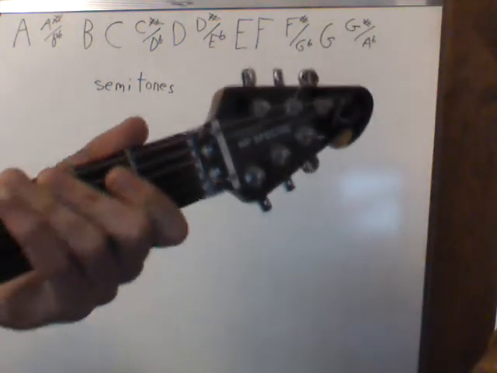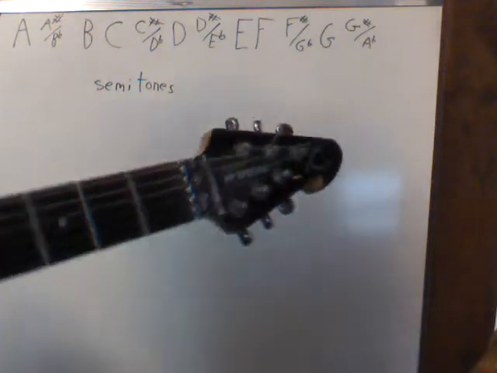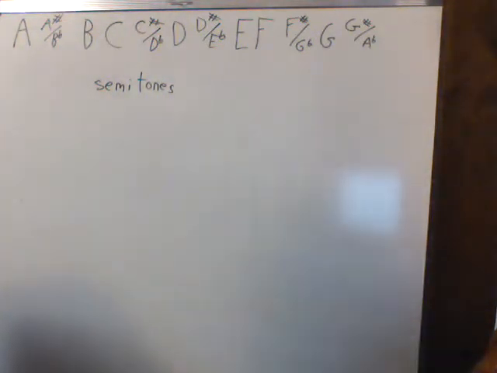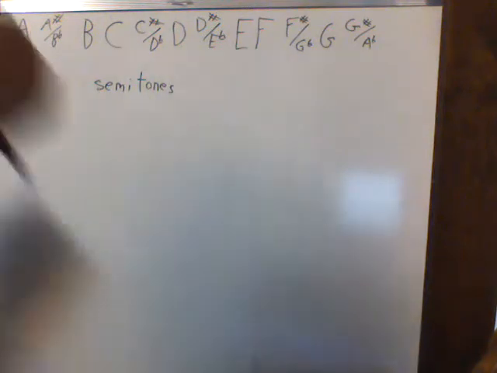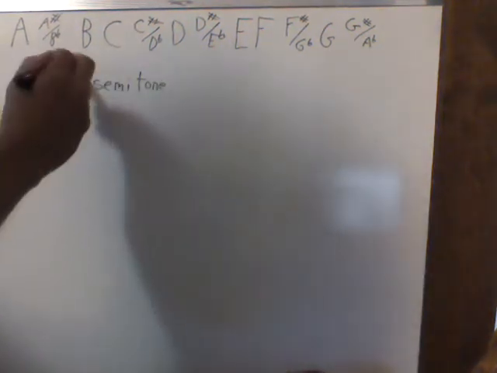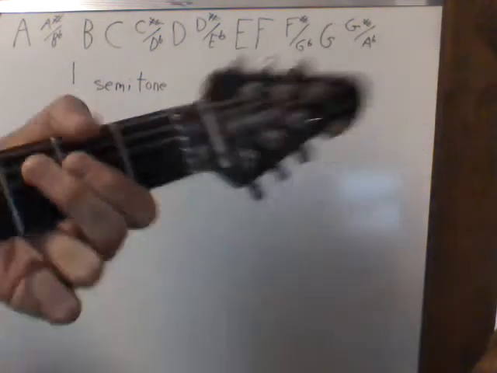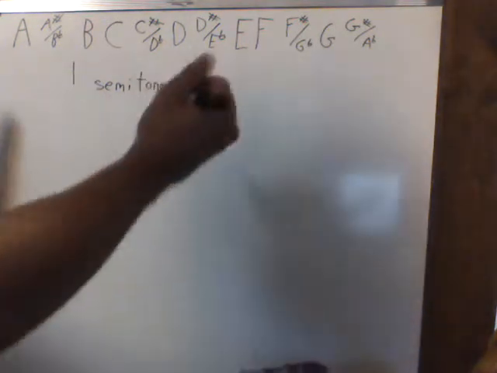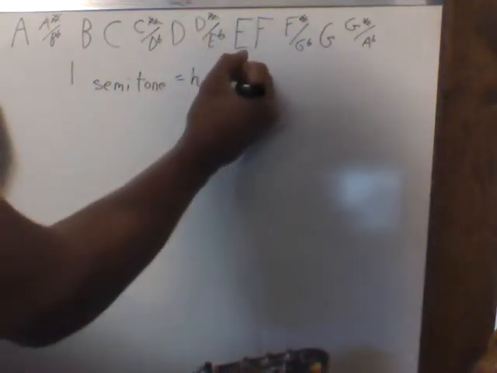You're ready to know what half steps and whole steps are. It's good to know that these are a half step and a whole step. One semitone, going up 1 fret on the guitar from here to here, is called a half step.